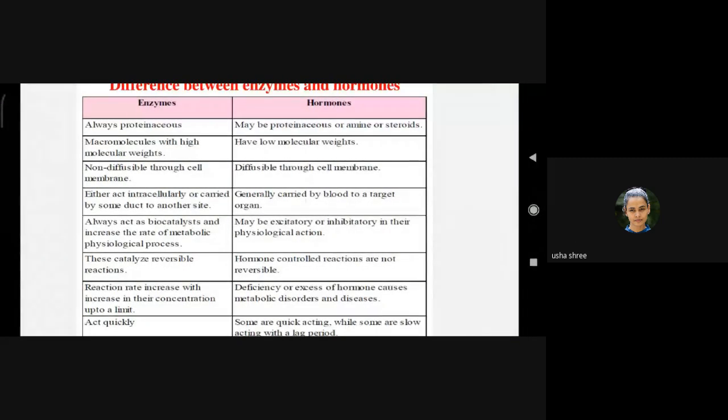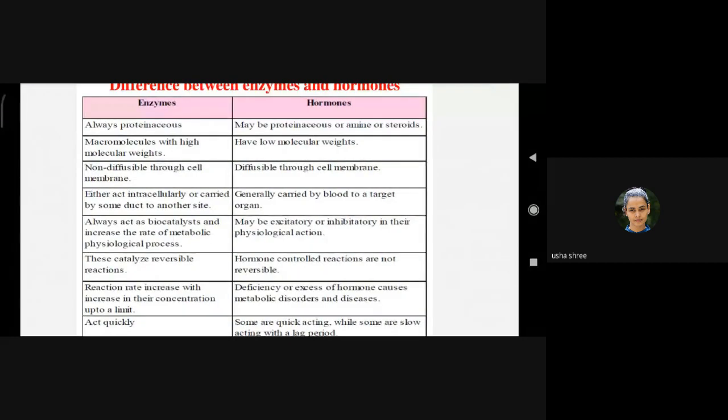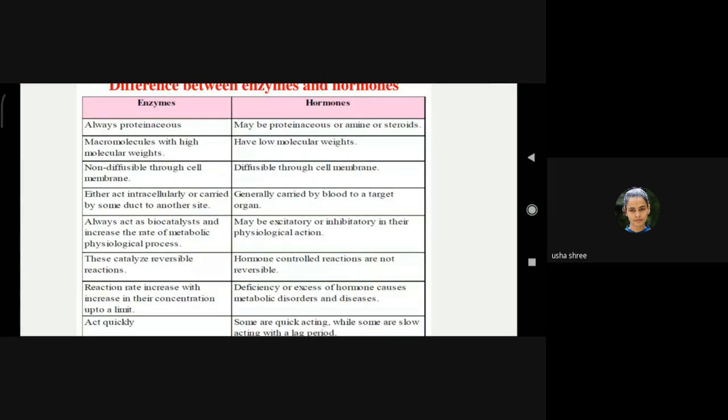Now, enzymes always act as biocatalysts and increase the rate of metabolic physiological processes. And what do biocatalysts do? They increase the rate of metabolism.